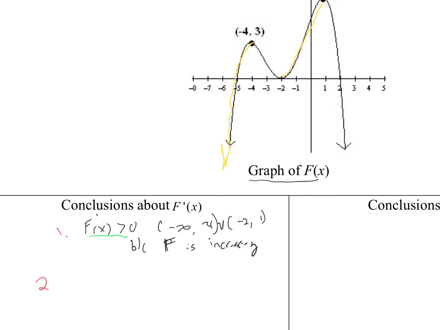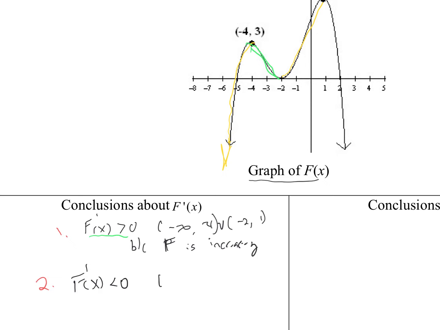Let's do the decreasing. I can conclude that f prime of x is less than 0 on the intervals where f is decreasing, because it's decreasing with a negative slope, so it makes sense that f prime of x is less than 0.